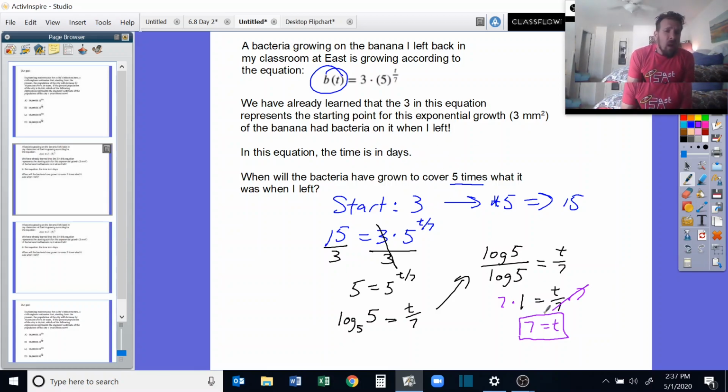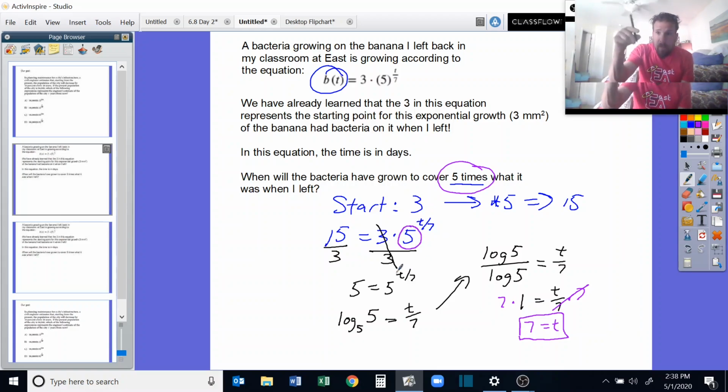So what we want to notice here is that after we did all of this solving, what we found out is that this factor, this times 5, and I chose that on purpose, this times 5 is the base of my exponent. It's what it's being multiplied by each time. It occurs every 7 days.